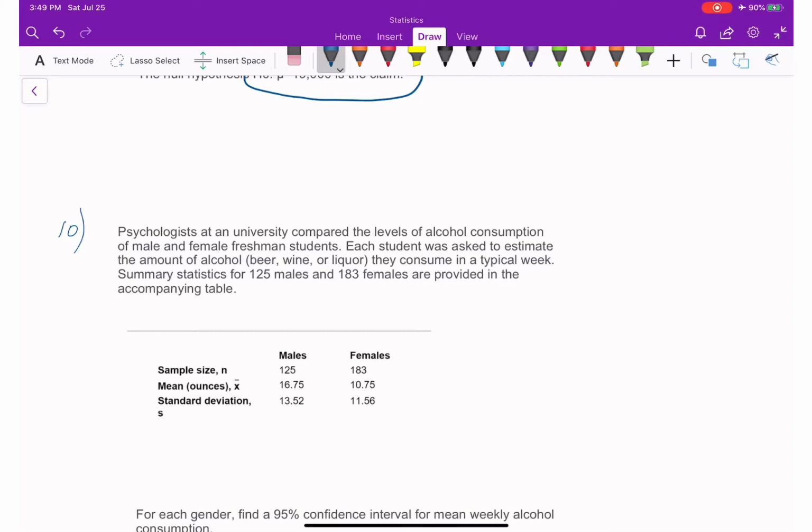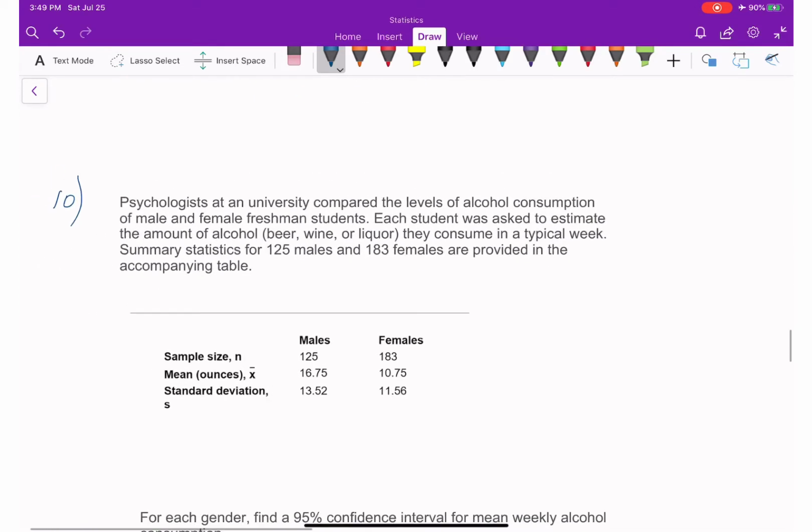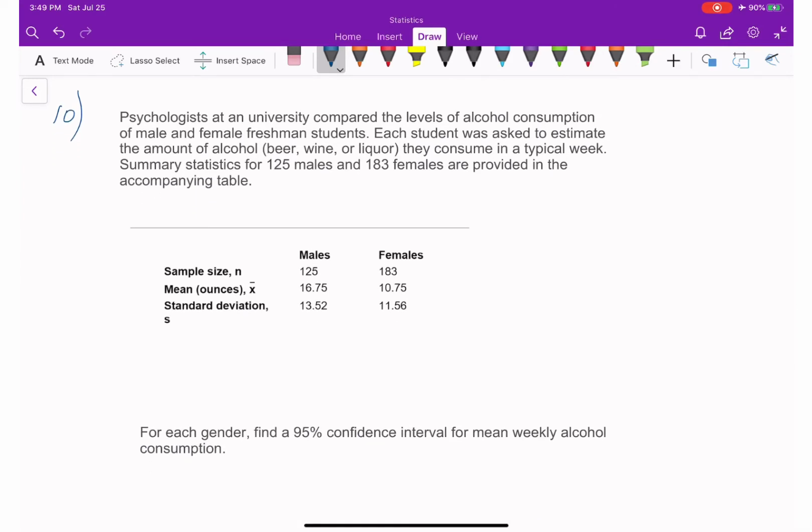Summary statistics for 125 males and 183 females are provided in the table below. For each gender, find the 95% interval for mean weekly alcohol consumption. Okay, let's do the male first.